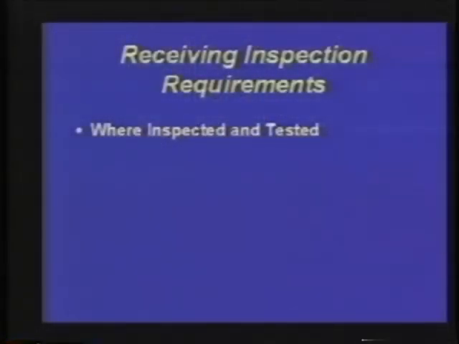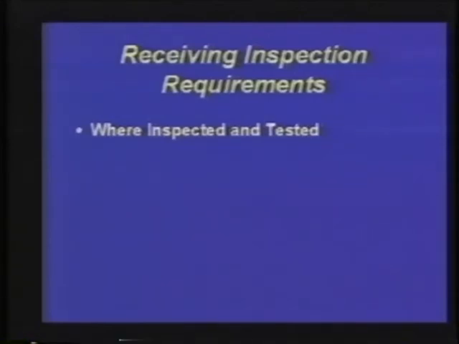Receiving inspection is a function that should be determined by, let's say, maintenance management, your quality assurance or quality control department outside of maintenance, facilities engineering, and anyone else that could lend support to what the quality requirements are, what items we should address in receiving inspection, not for all items, but for those that are candidates for receiving inspection. One of the considerations is, where is it going to be inspected and tested?